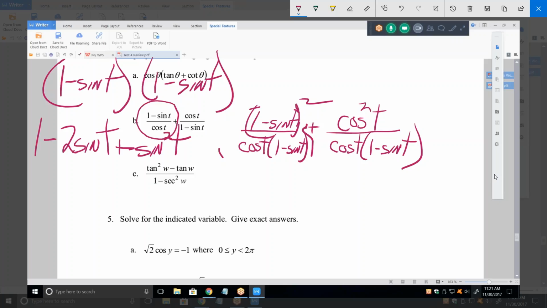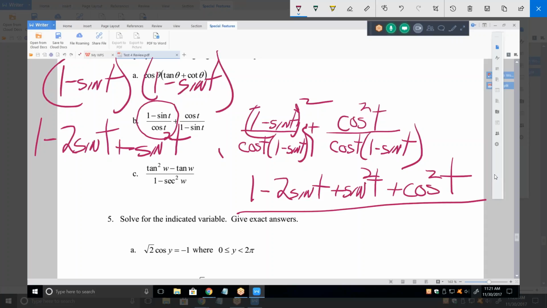Okay, that's what we get. So we got 1 minus 2 sine t plus sine squared t plus cosine squared t. Right? That's the entire numerator, and our denominator hasn't changed.